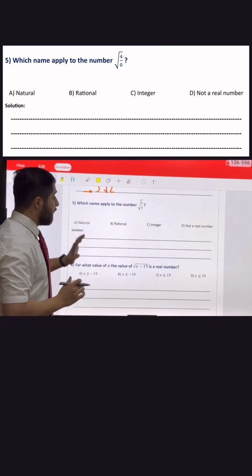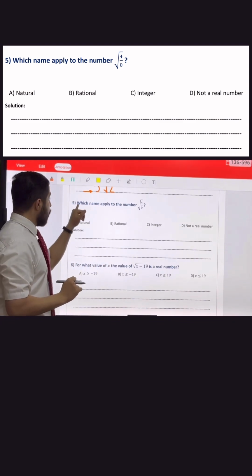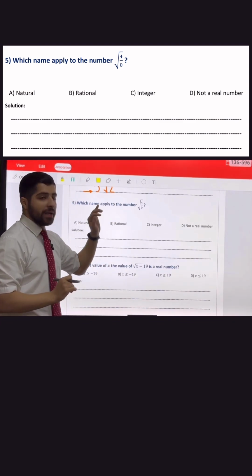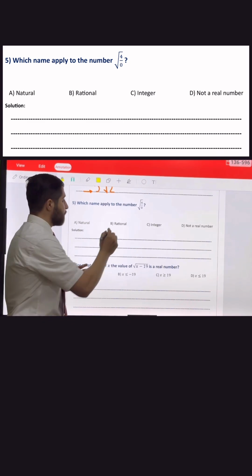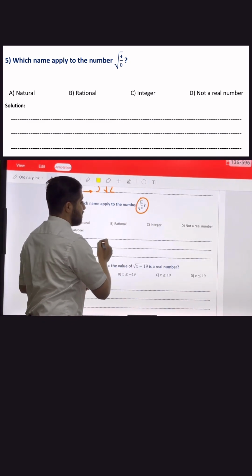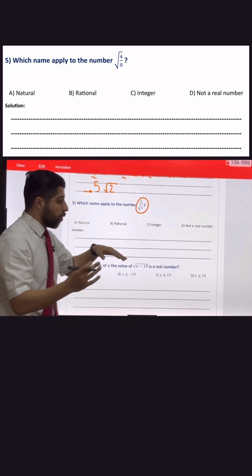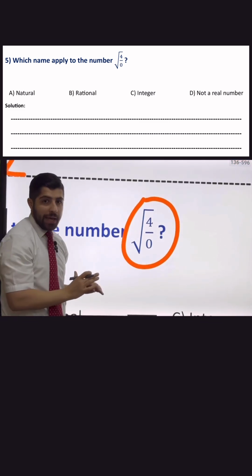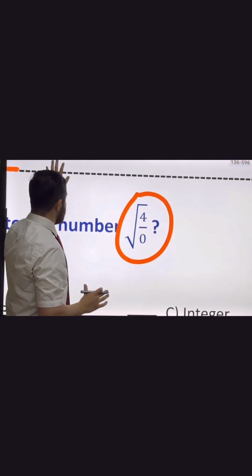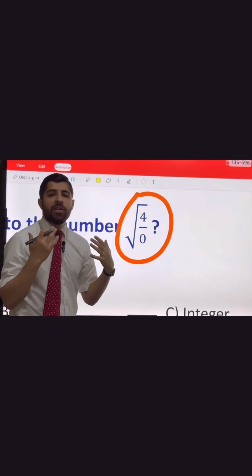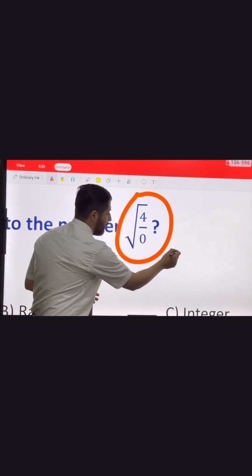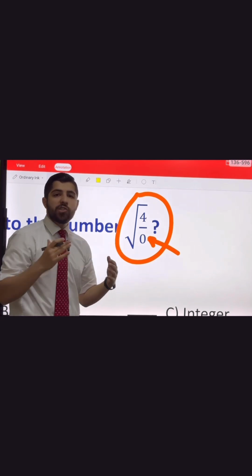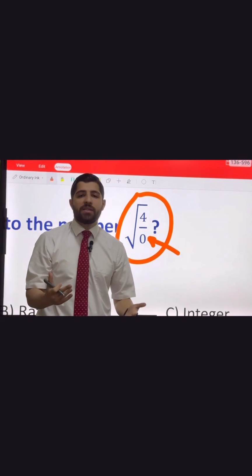Okay, guys? Number 5 says, which name applies to the number that we got here? Notice that we got this fraction and that square root. The bottom part is 0, okay? So whenever we are dealing with something that contains 0 in the bottom, we will be struggling because there is no answer for it.